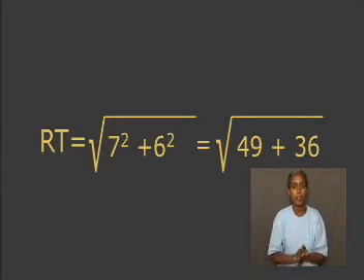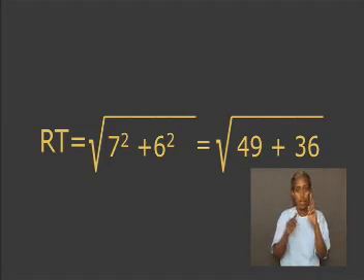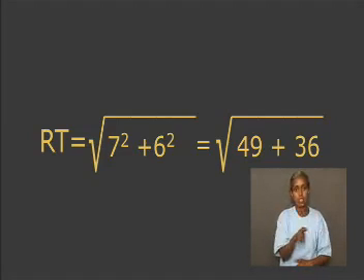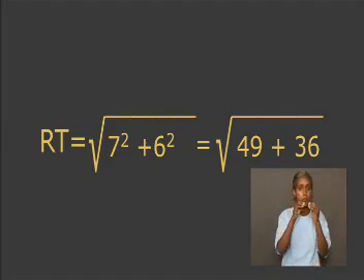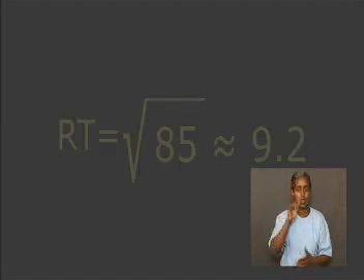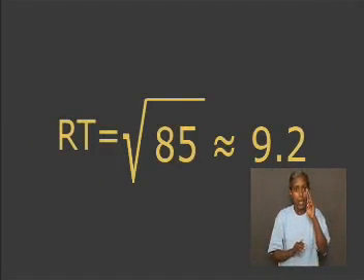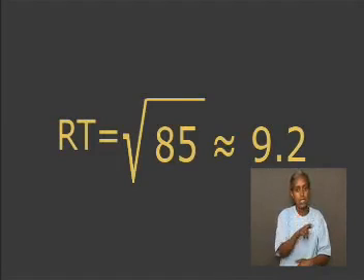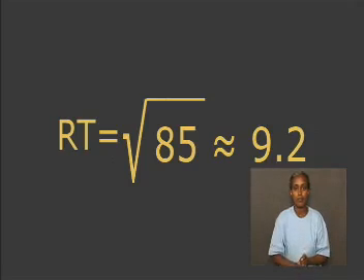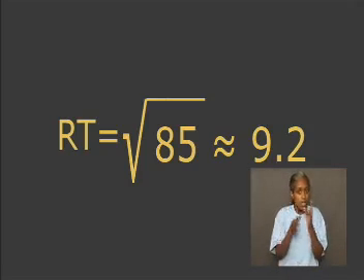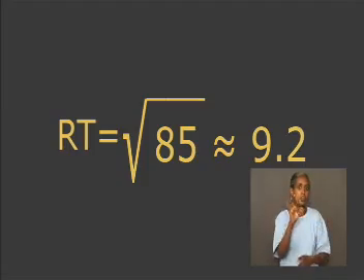By substitution, the length of RT equals the square root of 7 squared plus 6 squared. RT is the square root of 85. Students, if you have a calculator, then you can find this to be about 9.2.